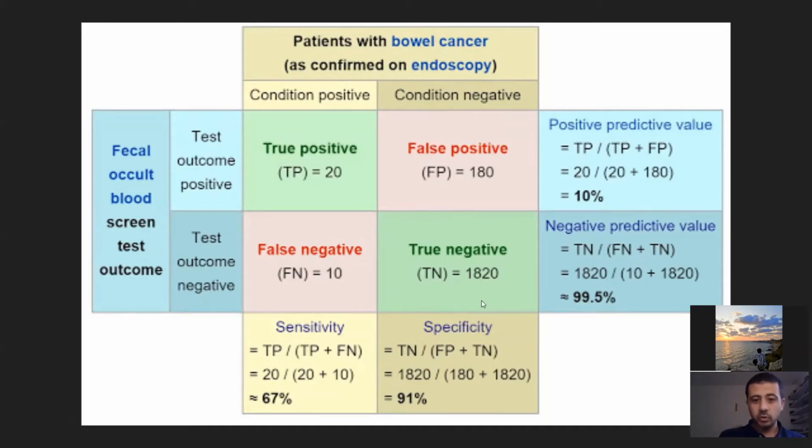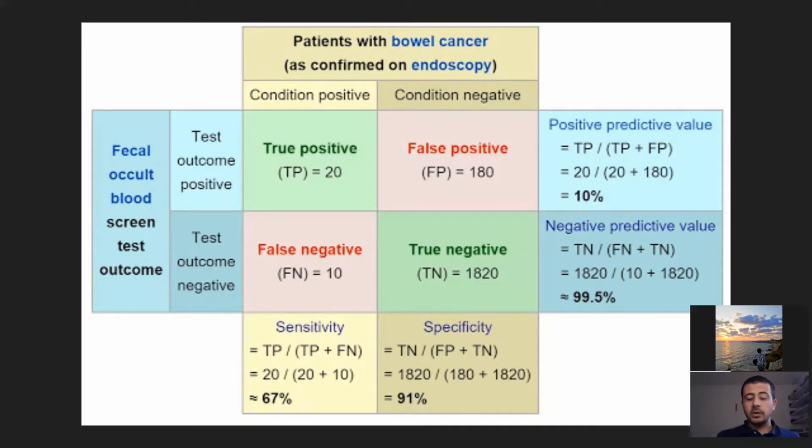Those who are truly negative on those who are truly negative or false positive. Okay, so what we are saying is I need those who are truly healthy, and I say they are truly healthy, on everybody who is actually healthy and I don't know about them.